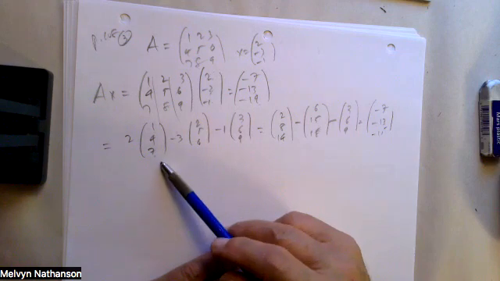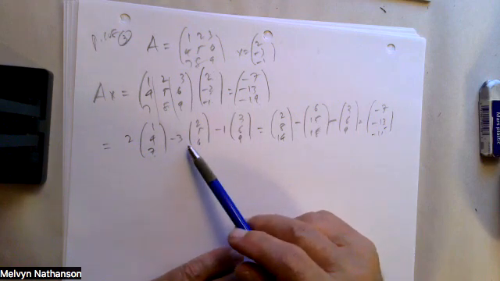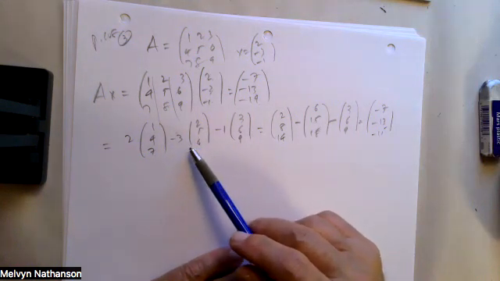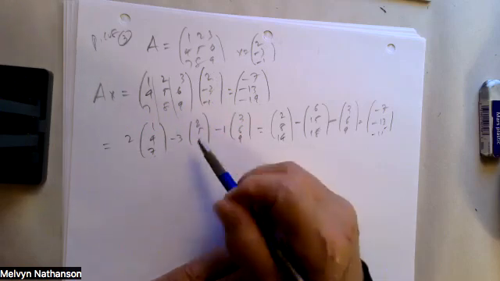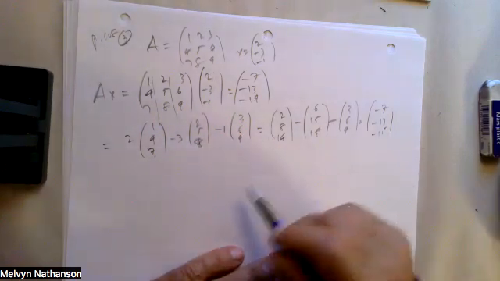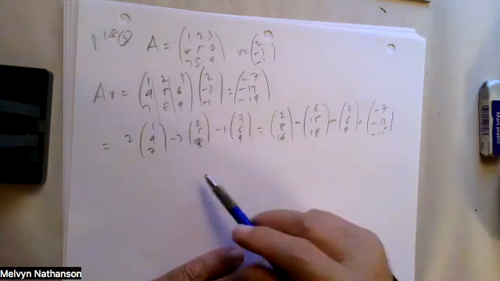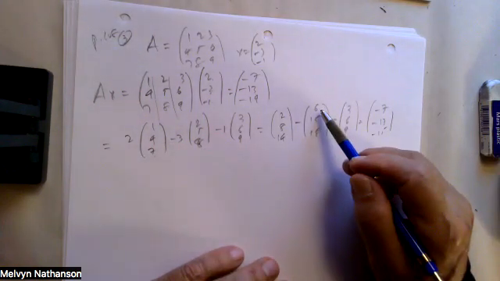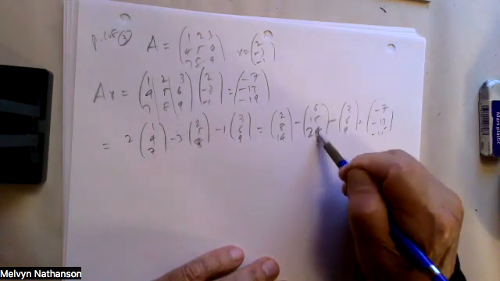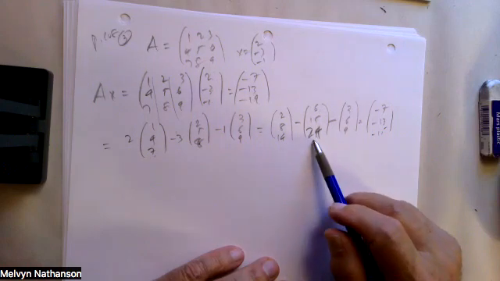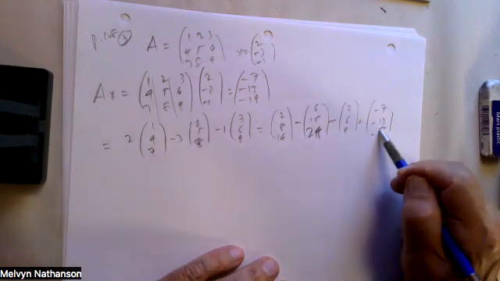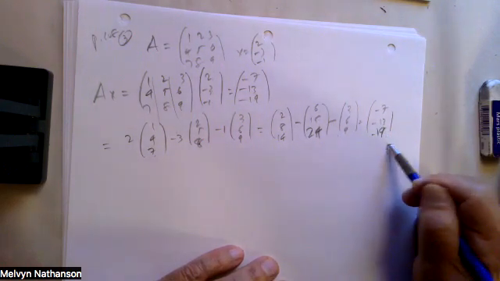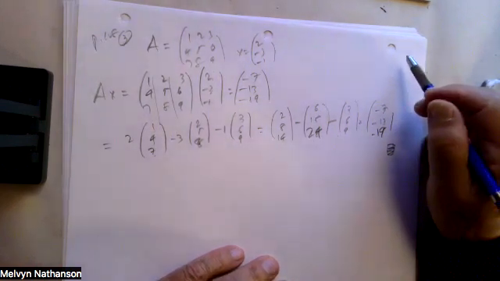The second column is (2, 5, 8), not (2, 4, 7). That's the problem, my writing. So this is 6, 15, 24. So 14 minus 24 is minus 10, minus 9 is minus 19. So that's okay.